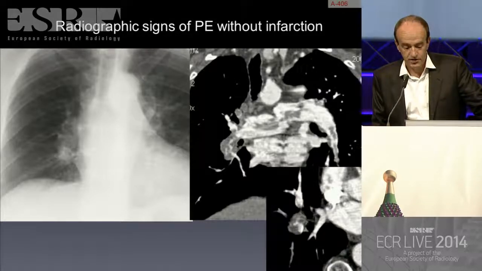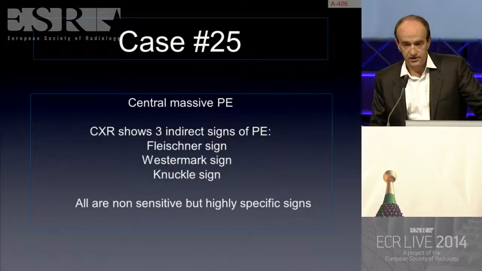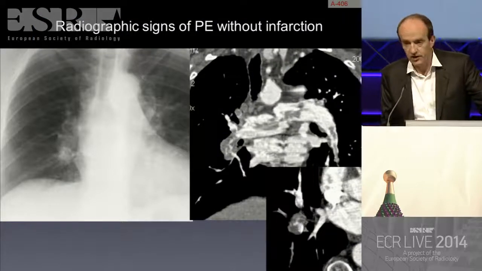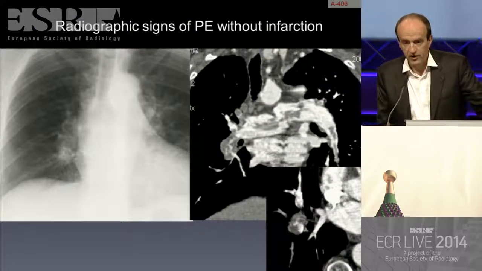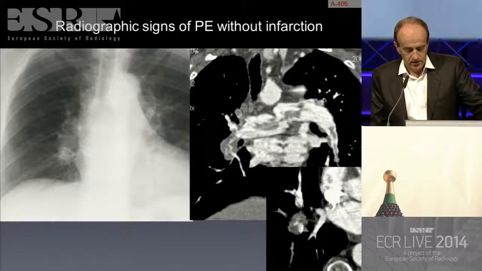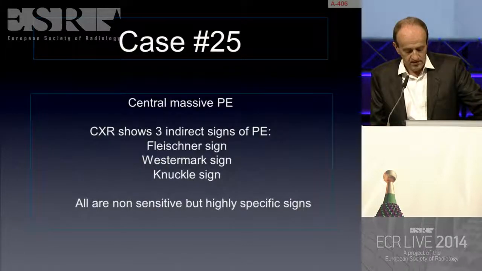Here we see the correlation. Of course, there is a differential diagnosis, chronic PE or pulmonary hypertension without pulmonary embolism. Not sensitive, but highly specific signs that we can see on chest radiograph indicating massive PE.